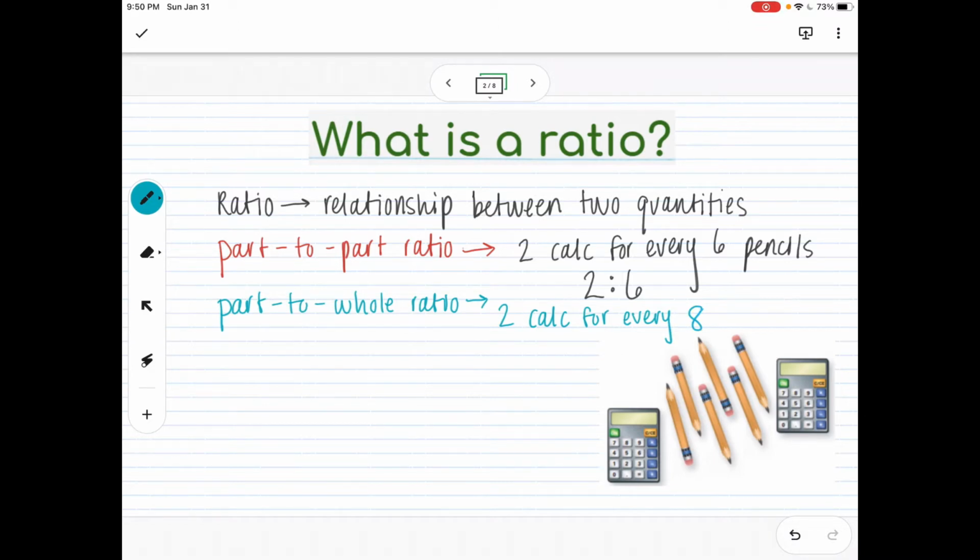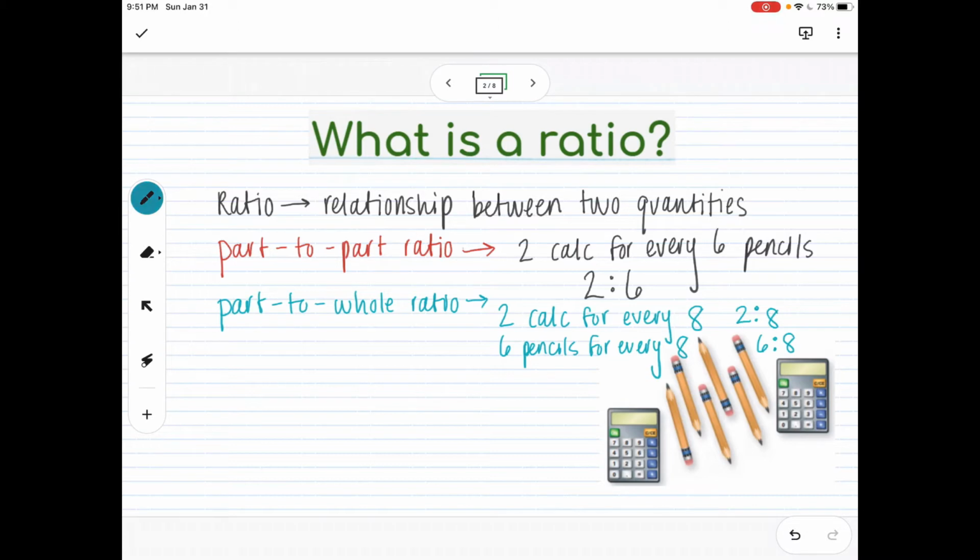When we count them up, there are 1, 2, 3, 4, 5, 6, 7, 8. So there's 2 for every 8. And we can also make a part-to-whole ratio, of course, for the pencils. In that case, there would be 6 pencils for every 8 items there as well. So we would have the part-to-whole ratio of 2 to 8 when we're talking about calculators, and the part-to-whole ratio of 6 to 8 when we're talking about pencils to the whole there.